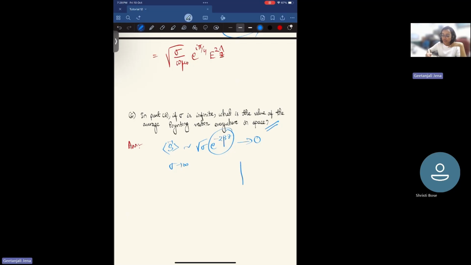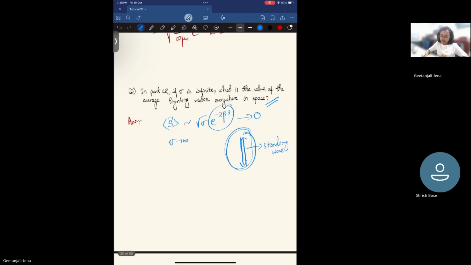Whenever you have two oppositely propagating waves carrying the same energy, this is nothing but a standing wave, and they don't carry any energy. So S will be 0 everywhere. They will destructively interfere and S will be 0.